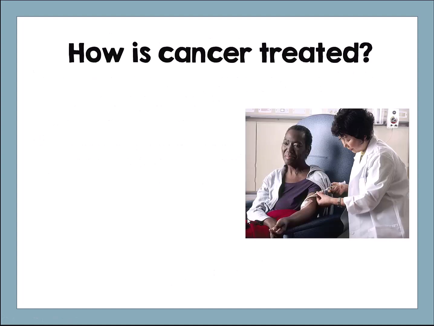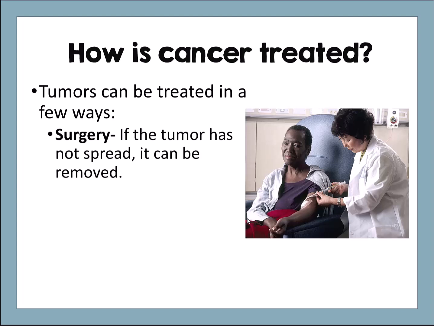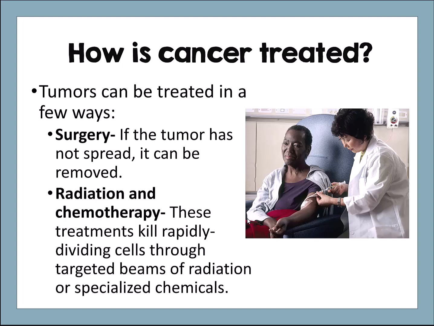How is cancer treated? Tumors can be treated in a few ways. Surgery: if the tumor is localized and hasn't spread, it can be surgically removed. And radiation and chemotherapy. These are treatments that kill rapidly dividing cells through targeted beams of radiation or specialized chemicals.